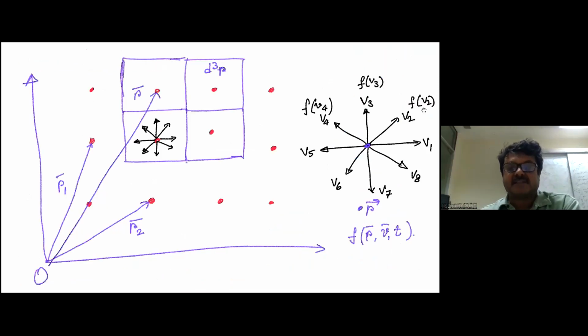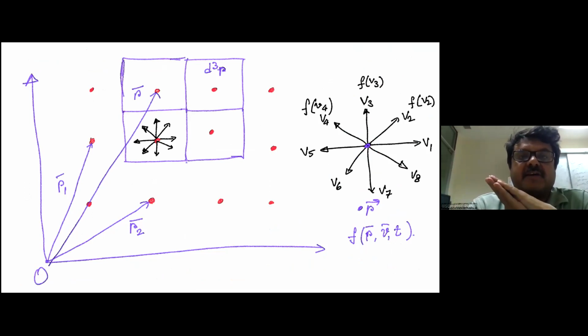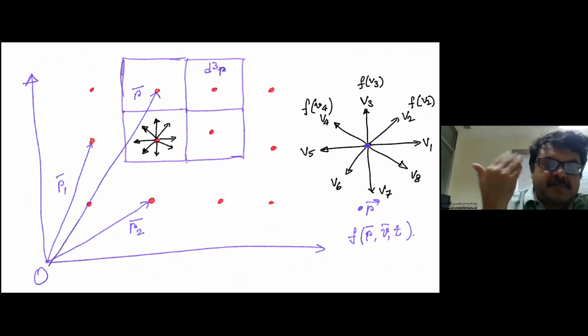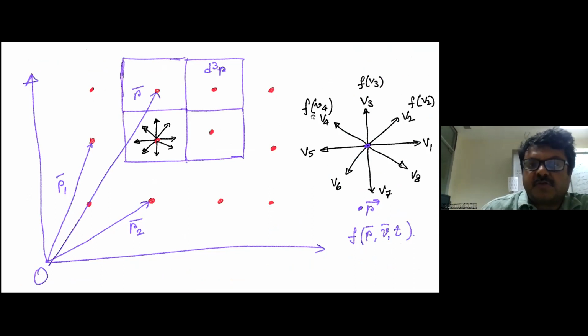Now the details. So why are we doing this? The reason is, we want to figure out, under the effect of collisions, how f(r, v, t) is affected. Let me give you a physical picture of what this means.